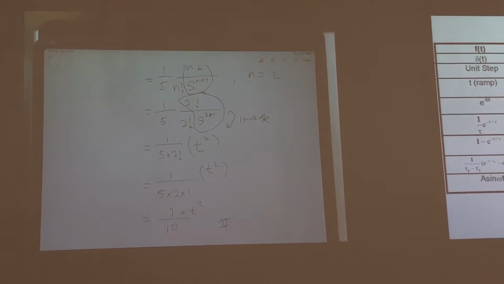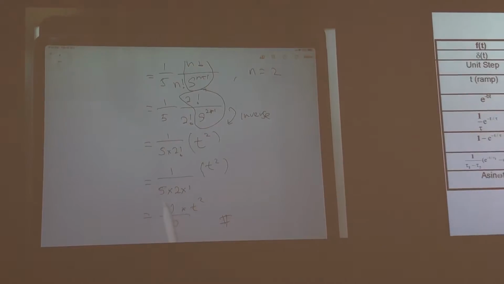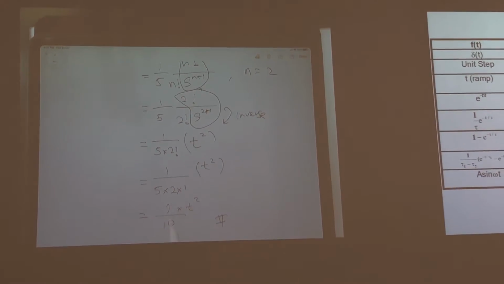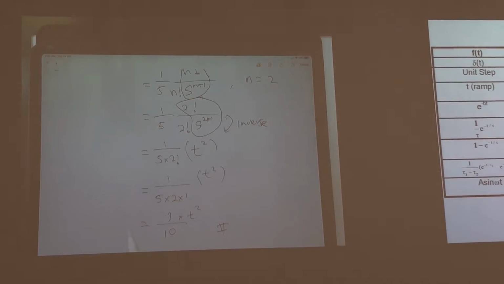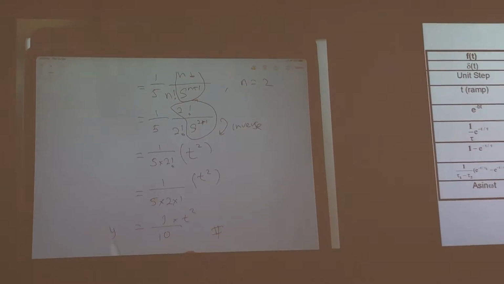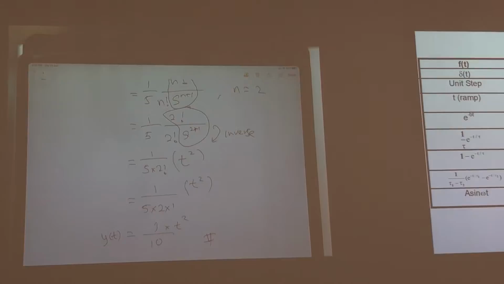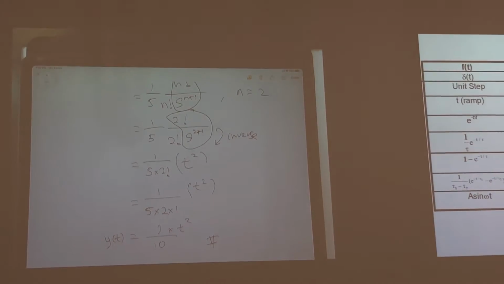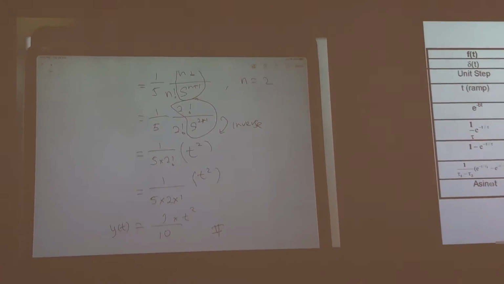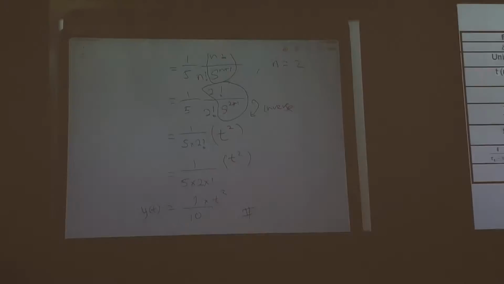The 5 is original in our equation. So I got 5 times 2 times 1, 1 over 10 t power of 2. This is my y at t. So any change of y with respect to time will equal to time power of 2 divided by 10. This is what we need. Okay?